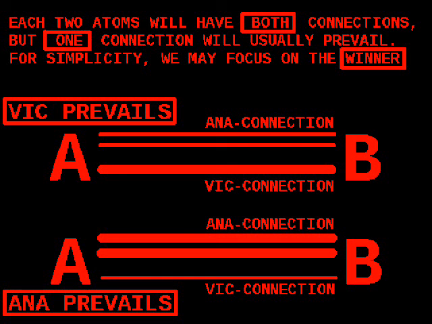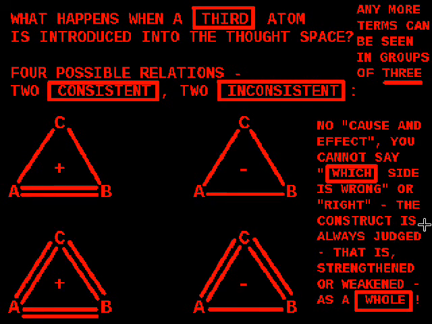Now, let's make it more interesting. What happens when a third atom is introduced into the thought space? And just to make it clear, of course you can introduce many further terms, but they can be each time looked at in groups of 3. Well, when you have 3 atoms, then you're having 4 possible triangles of relations between these atoms. And I'm saying 2 of those relations are consistent and 2 of those relations are inconsistent.